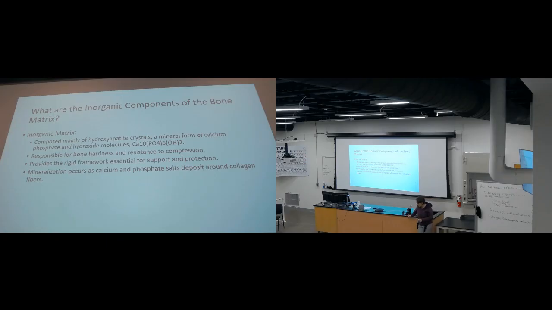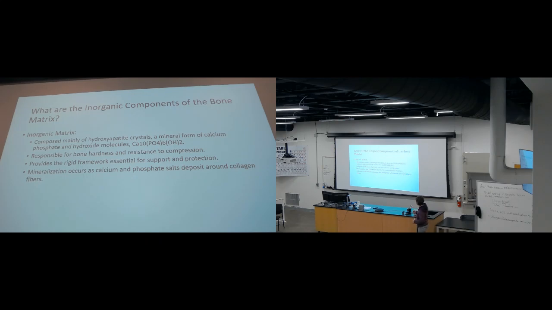So I told you before that when we start forming our skeleton in utero, it's first made out of cartilage, hyaline cartilage. And this hyaline cartilage undergoes different changes, and one of them is ossification or calcification. So all of these proteins that make the cartilage become ossified by depositing these calcium crystals, hydroxyapatite.